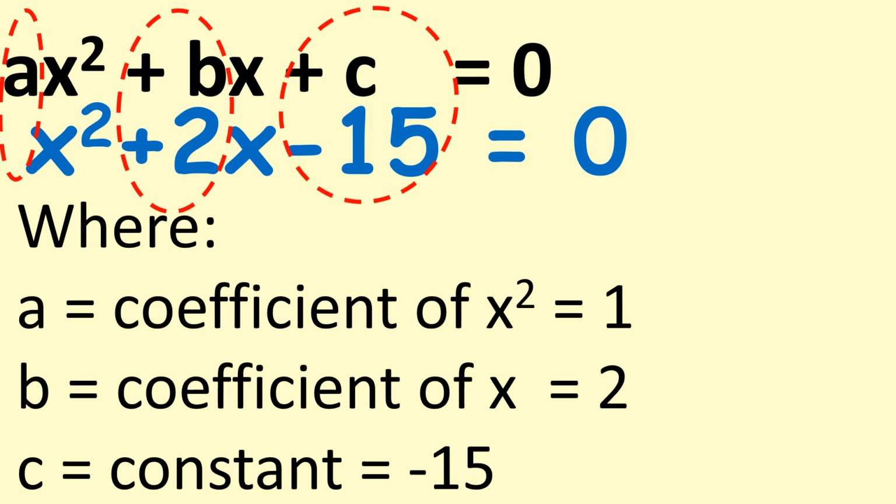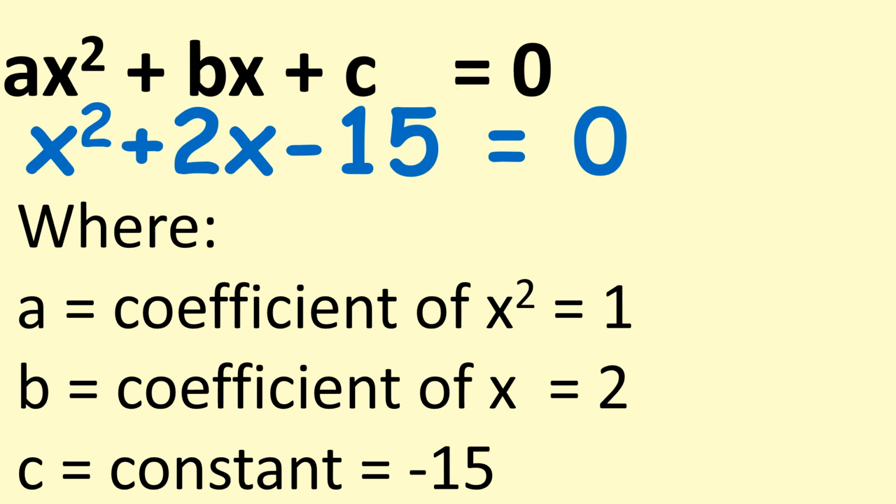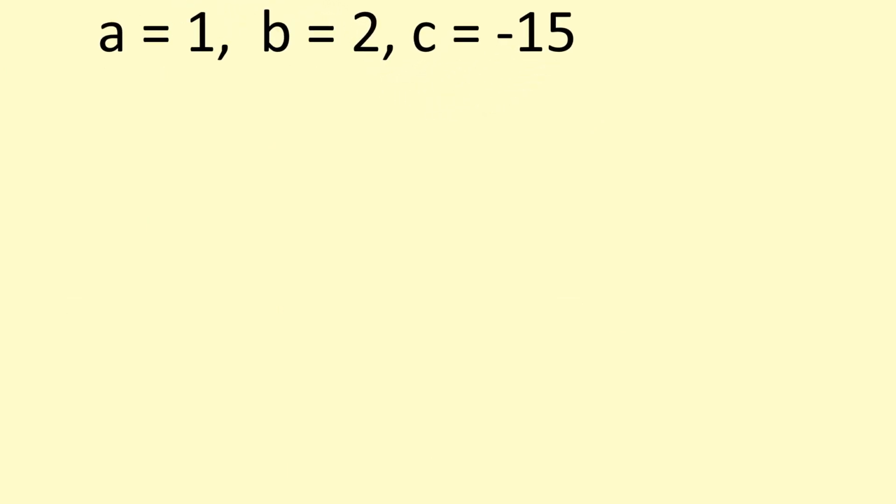And then c is the constant, and the constant number there is minus 15. Now that we have identified a, b, and c, all we'll simply do is substitute them into the quadratic formula. Now a is 1, b is 2, and c is minus 15.